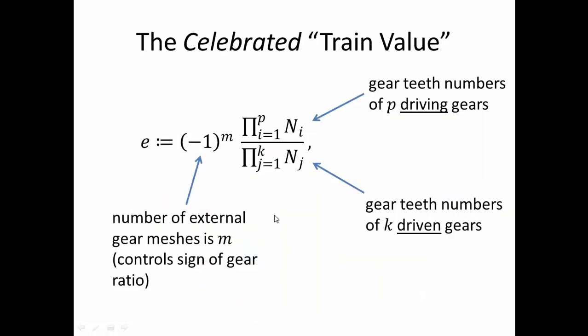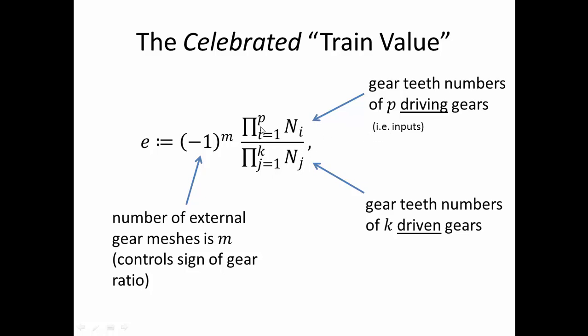So now let's go take a look at the train value, which is a value that is discussed in the Shigley book. Here it is in the numerator. You have the product of the gear teeth of these. Let's say there's P driving gears. So those are the input gears.